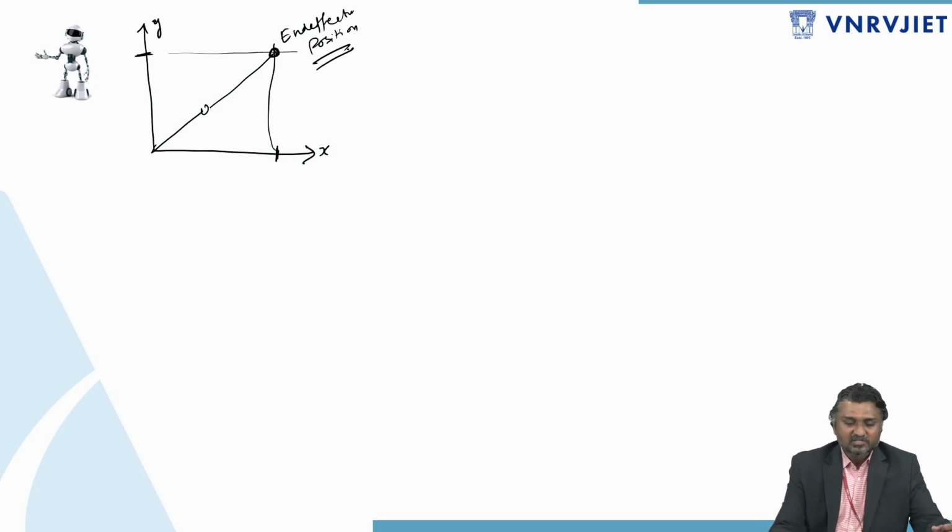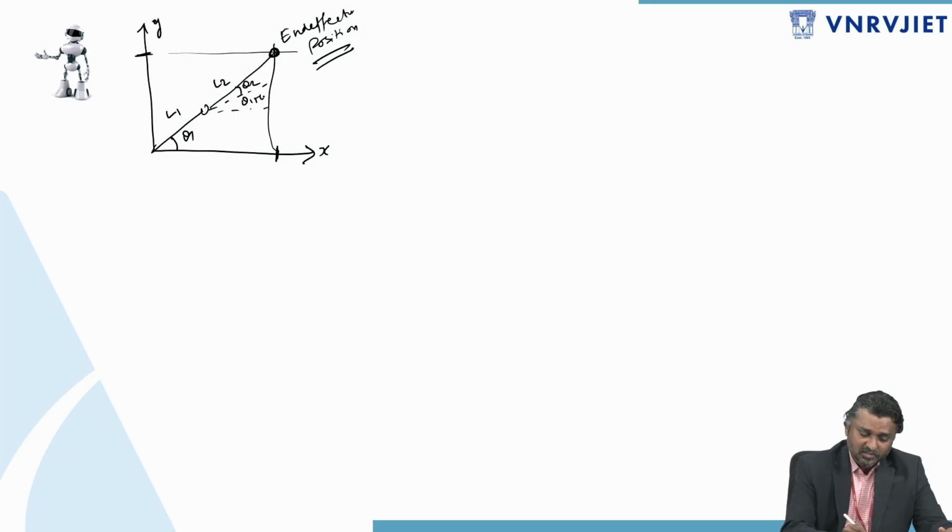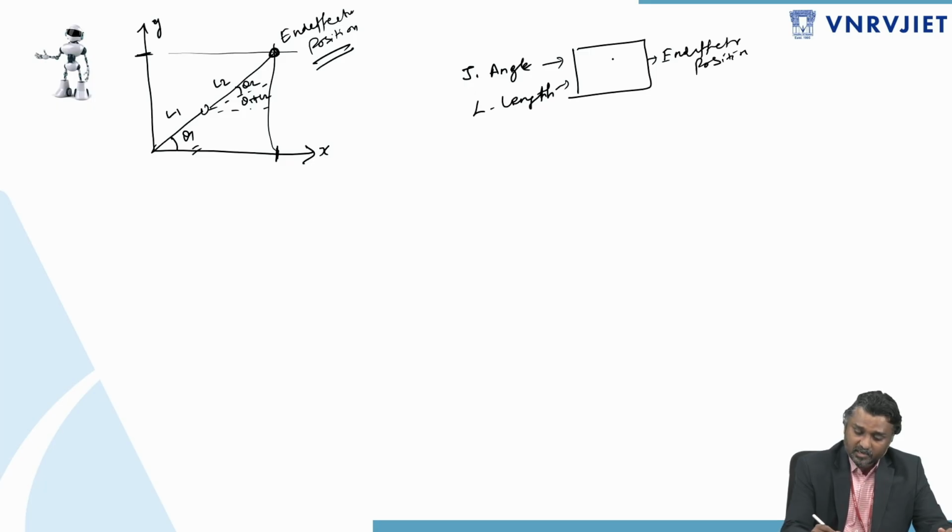I considered the link lengths L1 and L2 and the joint angles theta 1, theta 2, theta 1 plus theta 2. Based on the joint angles and link lengths, I identified the end effector position. This is the forward kinematics equation for the 2D arm.